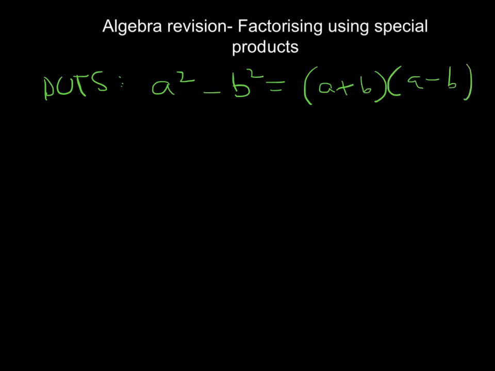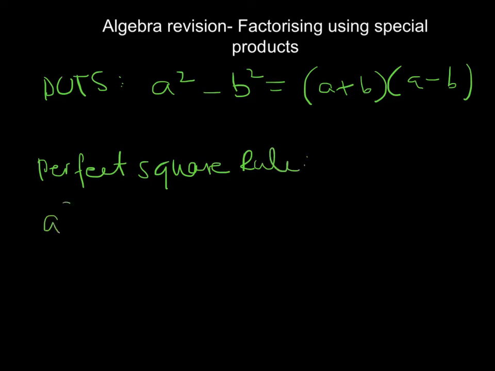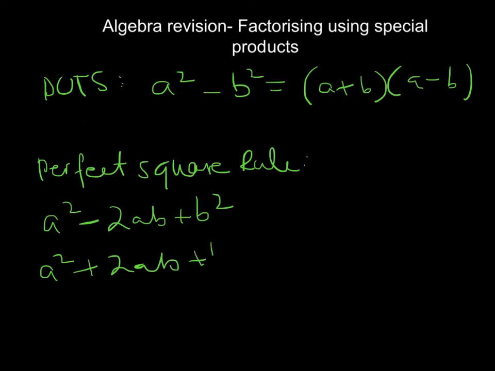And then if I'm looking at the perfect square rule, that's my other special product, then I'm looking for it to look like a squared minus 2ab plus b squared, or a squared plus 2ab plus b squared.